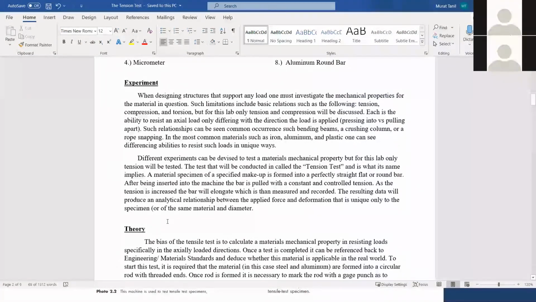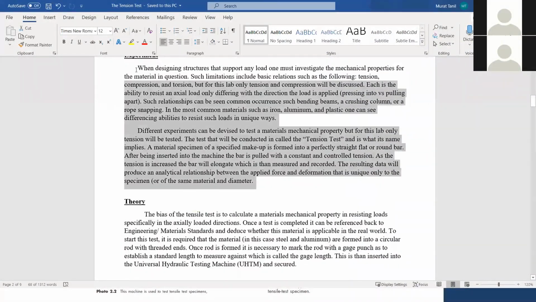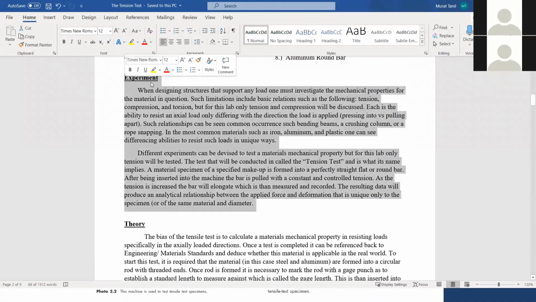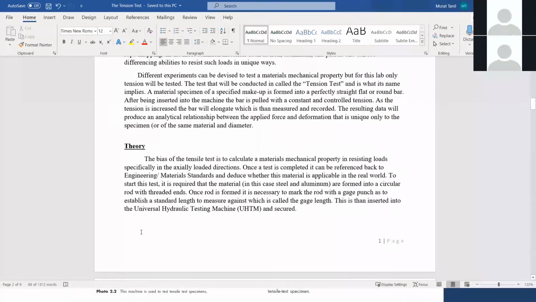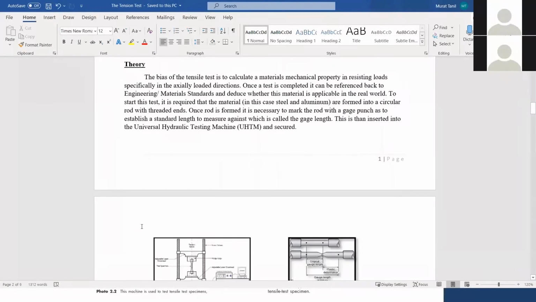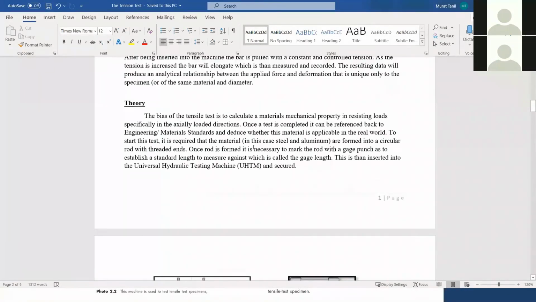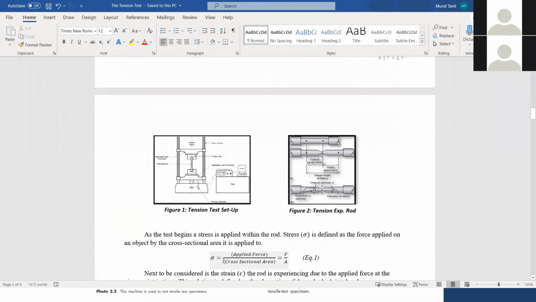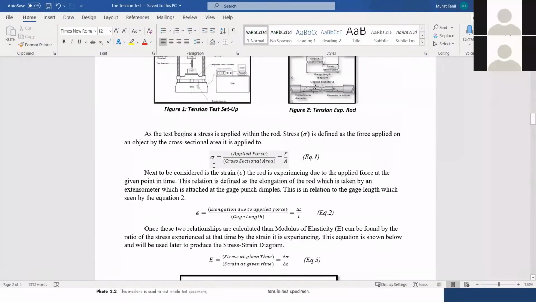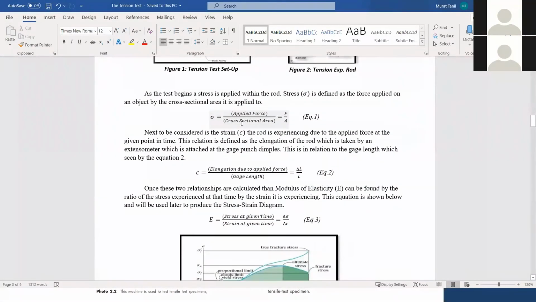Or you can cover the experiment or background section under the theory. But you should have a theory section where you explain the setup, the background of this experiment, and the equations. You need to explain equations such as the stress equation, force divided by the cross-sectional area, where F is the applied force.